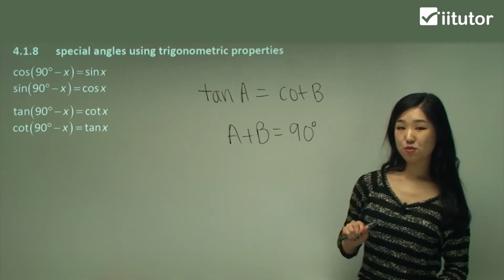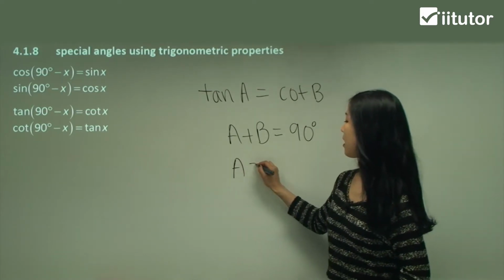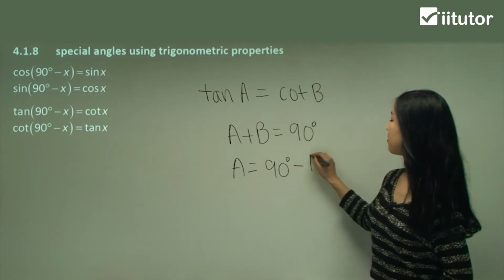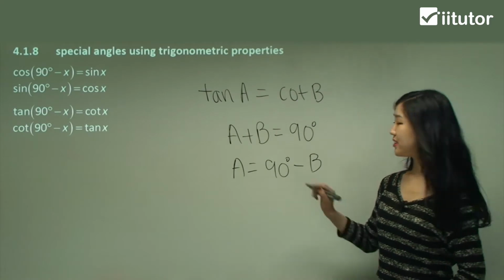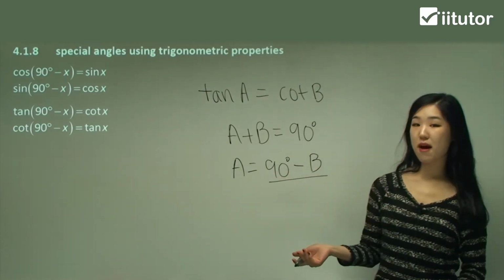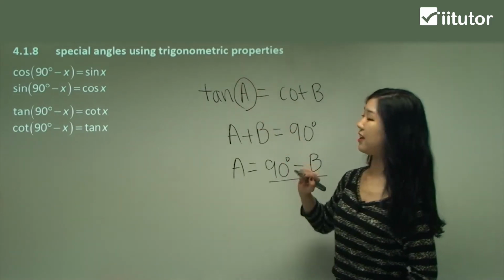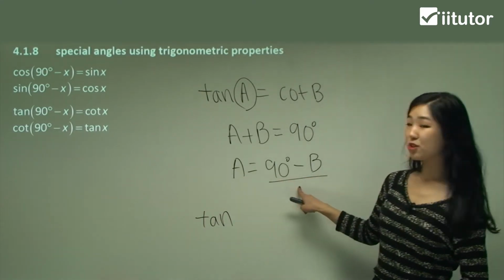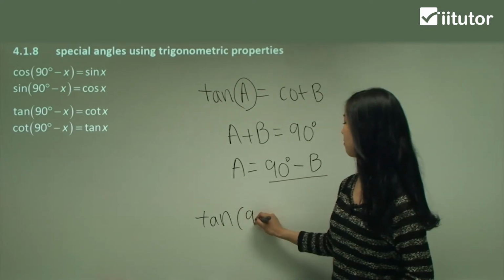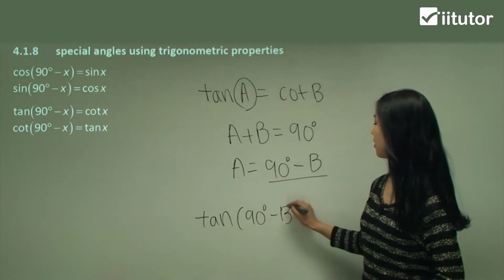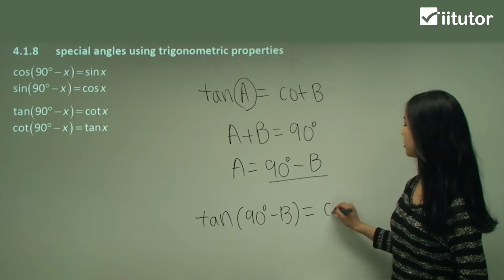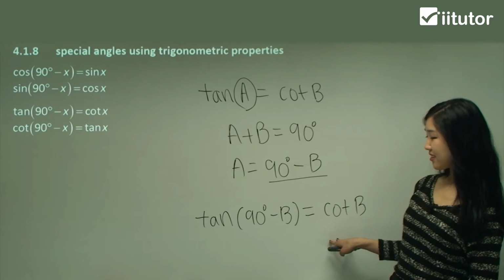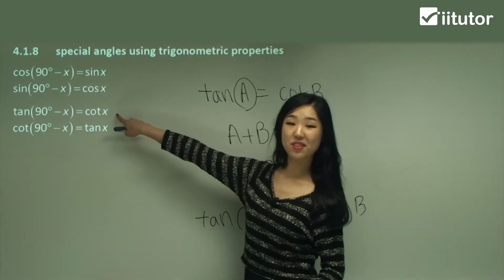Now if you're still confused with how this and that relates, I'll just show you. If I make A the subject here, I'll move B onto the other side, so I'll have 90 degrees minus B. So A is basically 90 degrees minus B. I'll just put this into here. So tan A, which is 90 minus B, is equal to cot B. Does that look quite the same as that one there?